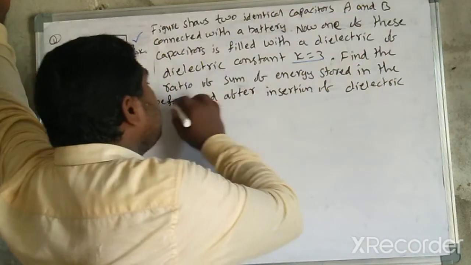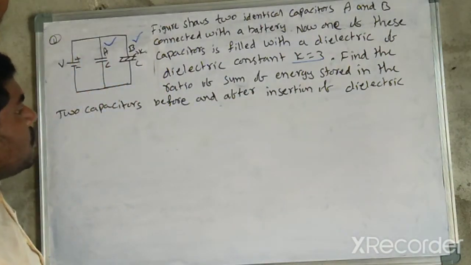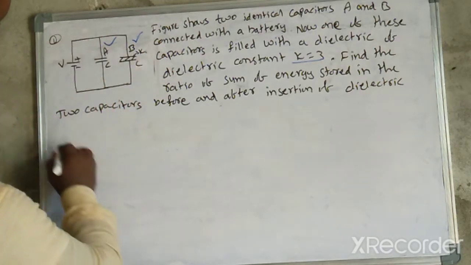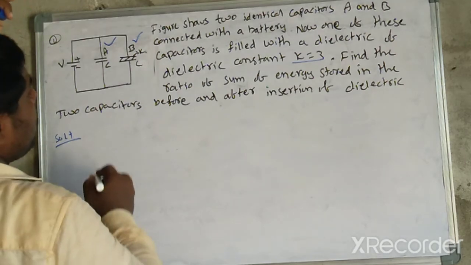Find the ratio of the sum of energy stored in the two capacitors before and after insertion of the dielectric. First, find the energy before insertion.